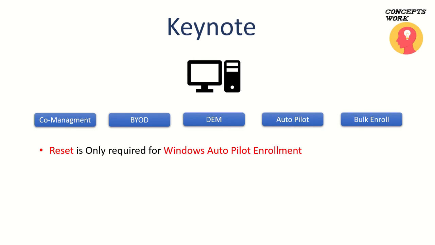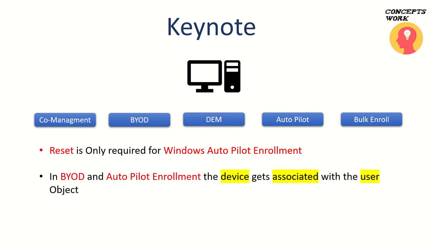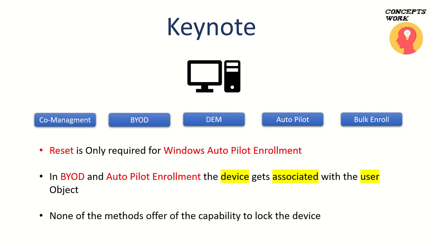When Windows Autopilot enrollment is initiated by the user, a device reset is required. In case of BYOD and Autopilot enrollment, the device gets associated with the user object. And none of the methods as of now offers the capability to get the device completely locked.